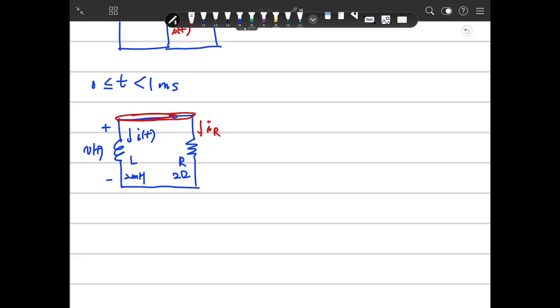Based on here, we define that this current is iR. So based on this node, we write a KCL. What's KCL? The current out of the node: minus iL(t) minus iR(t) is 0. It's very simple.